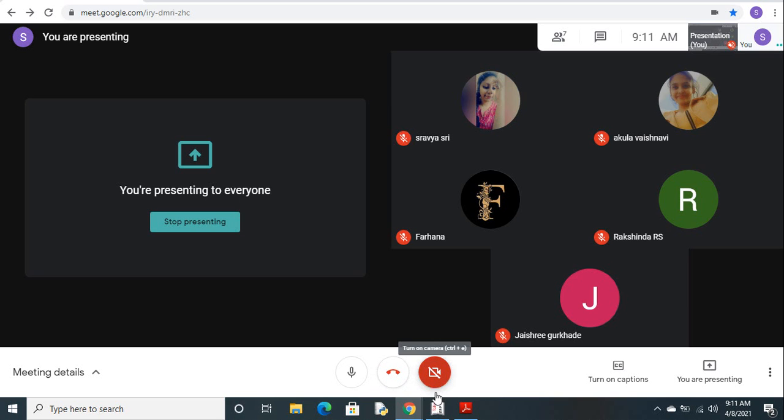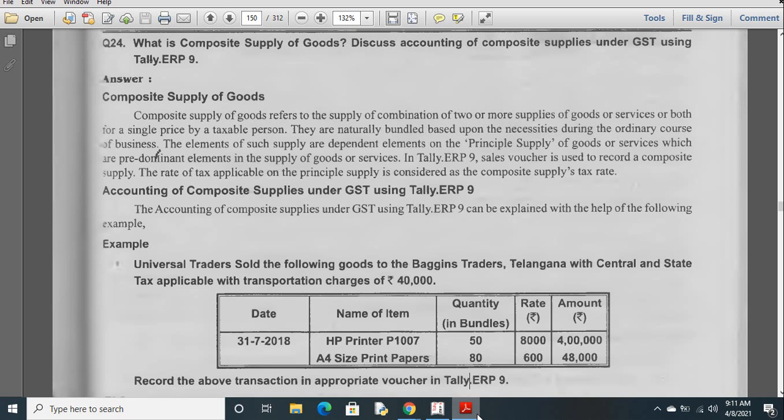See the transaction and tell me where we have to enter and what are the prerequisites we have to create.